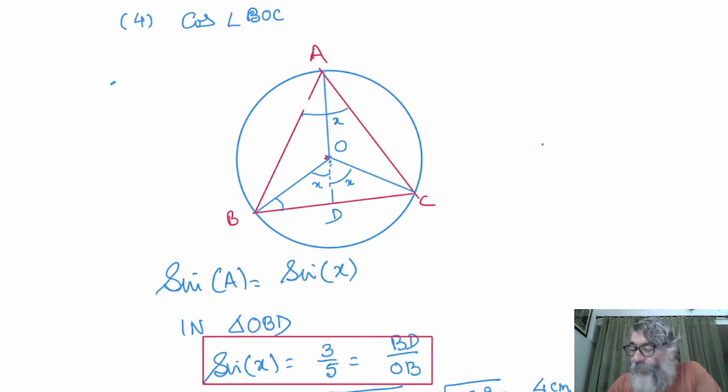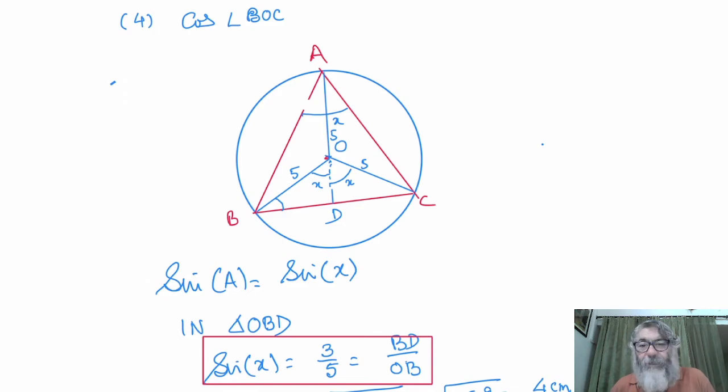If I join A to O and O to B, O to C, each is 5 centimeter. Radius is 5 centimeter. And now he says the angle at the center is double the angle at the circumference. So if this angle A is x, angle BOC will be 2x, and it will be bisected by the perpendicular, so x and x.